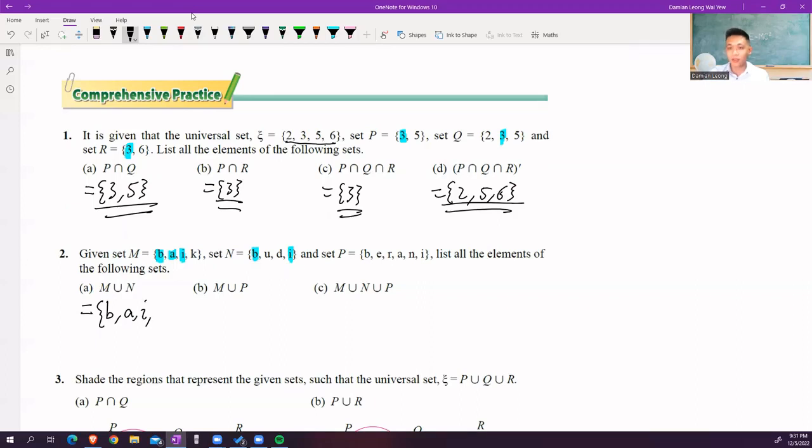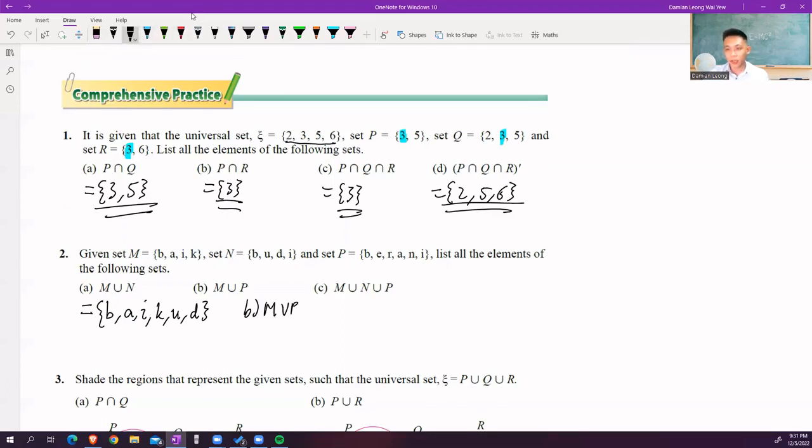I have K here. I also have a U here, and I have a D here. So this is the union of M and N. That's part A.